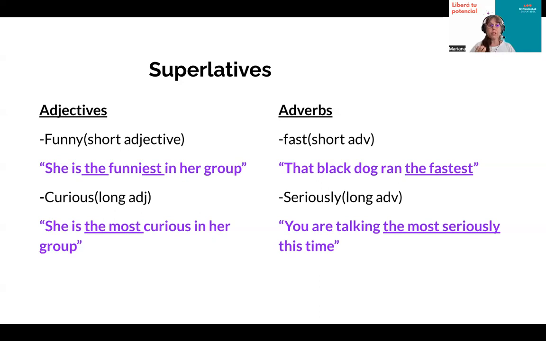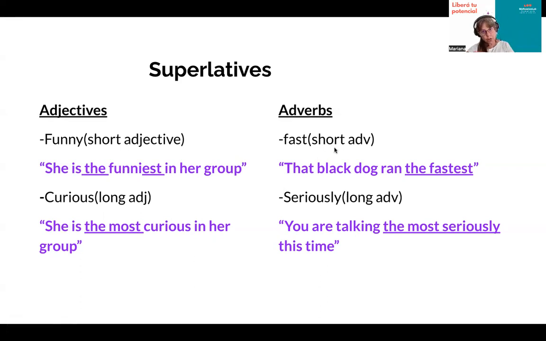In this case, it's she taken out of a group as being the funniest. She's the funniest in her group. She's the most curious in her group. The most curious. So these are, again, adjectives in the superlative.